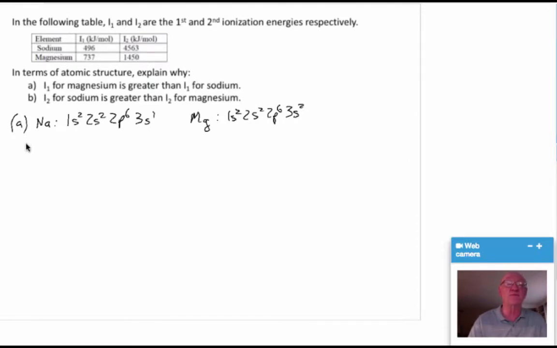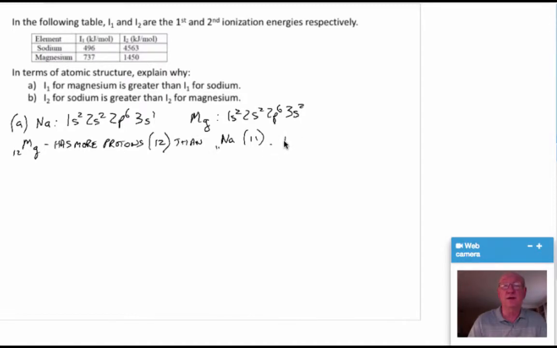Well, first of all, magnesium is element number 12 of the periodic table. So therefore, it has more protons, 12 to be exact, than sodium, which has 11.